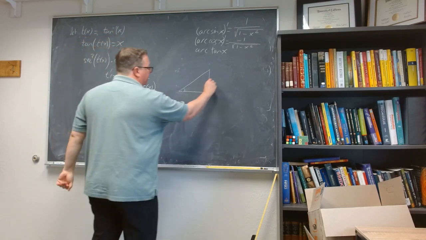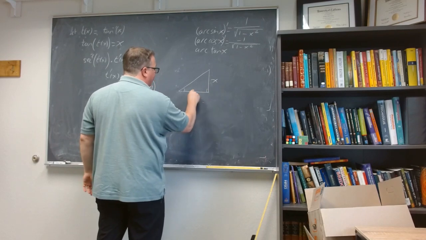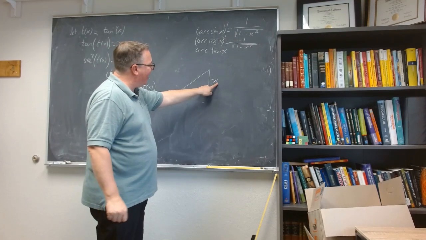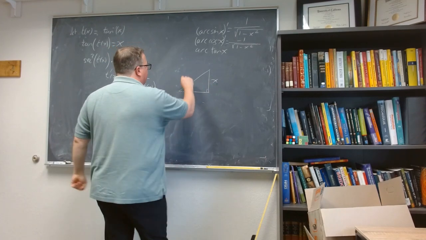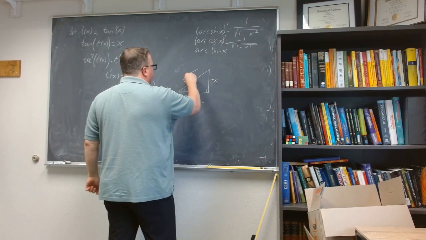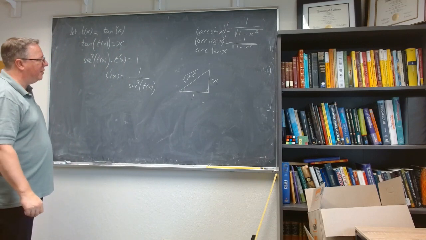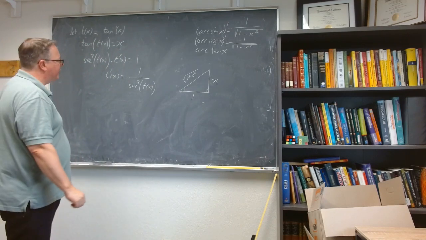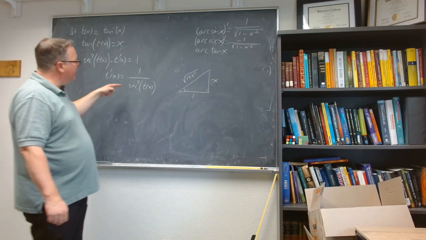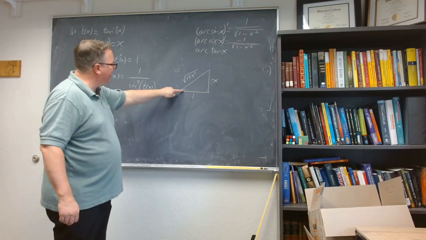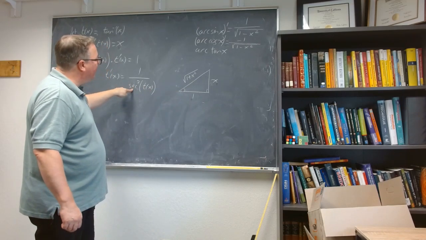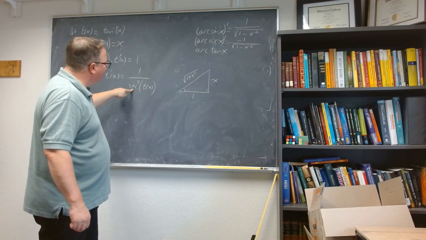Tangent is opposite over adjacent. So if this is x and this is 1, this here will be the square root of 1 plus x squared by solving using the Pythagorean theorem. This is important because we're going to be plugging this angle into secant squared.